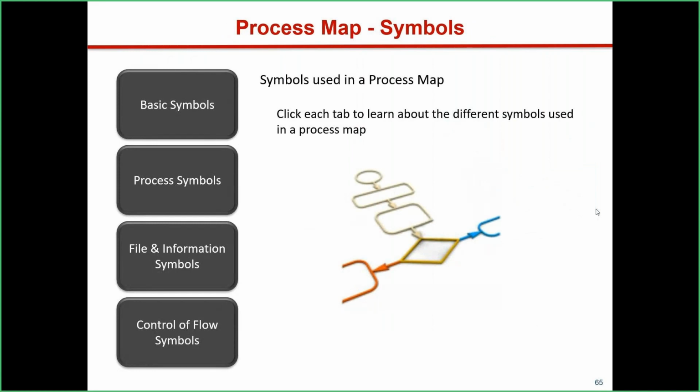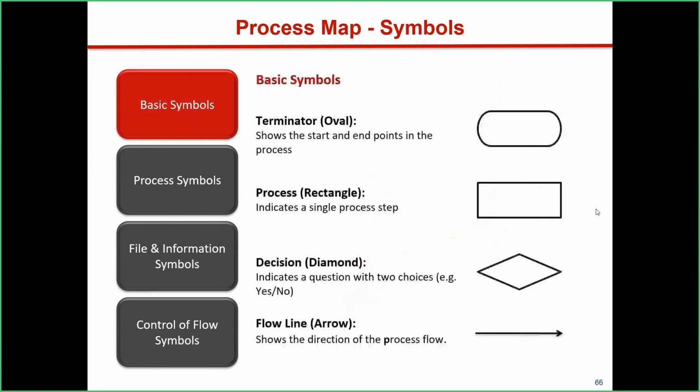So we need to understand some very basic symbols before we start charting a process map. The basic symbols: terminator oval. This symbol denotes a start or end point of a process. You may have one start point, and you may have multiple start points as well if there are projects or processes which are merged.